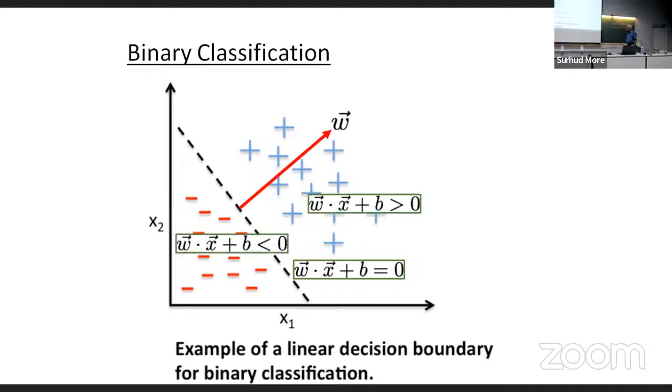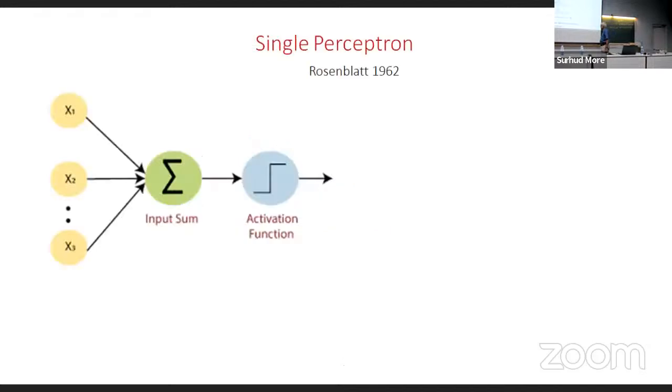So if you know the vector W, which means that if you know the slope and intercept of the line, just simple coordinate geometry, then you'll be able to say that if W dot x plus b is greater than 0, you belong to one group, otherwise you belong to the other. And so therefore it's very simple. We got it right. Now the question is, how would you train a perceptron to do it?